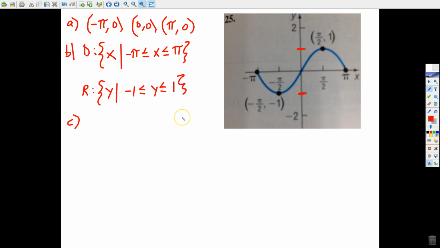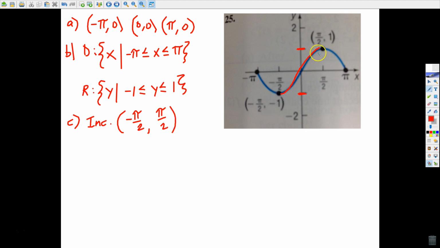Let's talk about the intervals where the function is increasing. Well, it's increasing in this interval, and that is from negative pi over 2 to pi over 2.